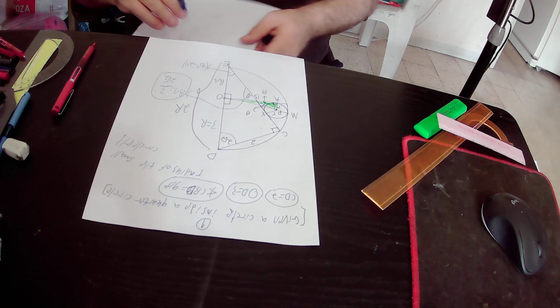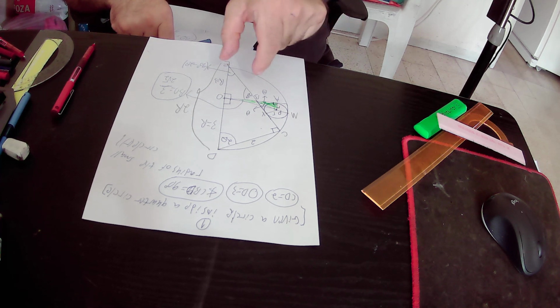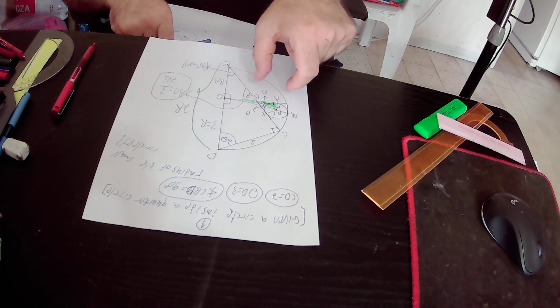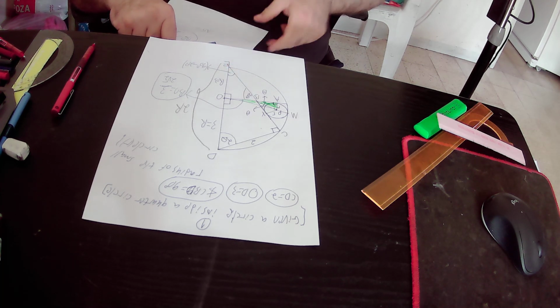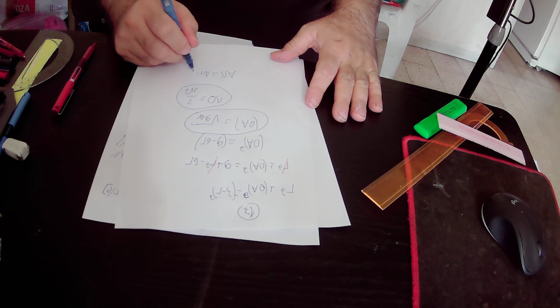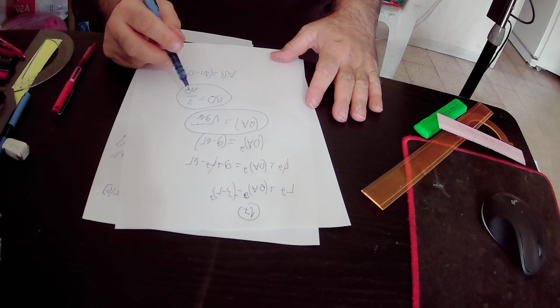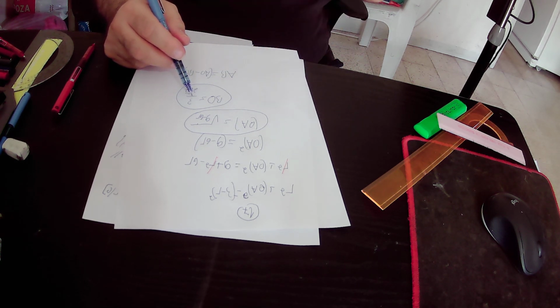From the drawing we can see that AB equals AO minus BO. We have already found out AO, and OA is the same.